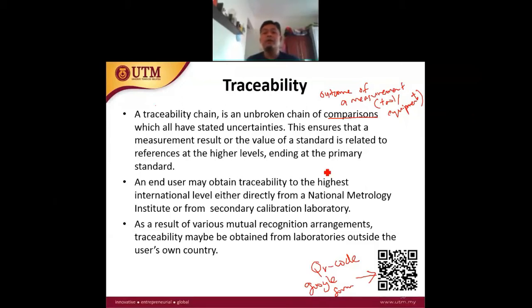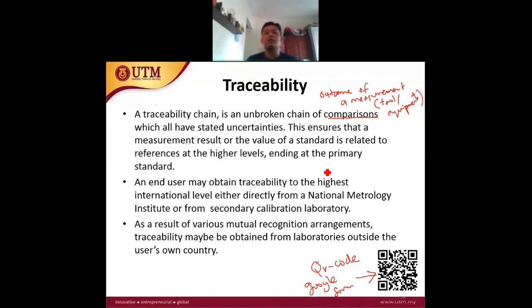Basically, they have a procedure and they have their standard, and they have other equipment which they can use for comparison. So when the outcome of the weighing machine is according to the standard and the stated process, the certification will be issued.